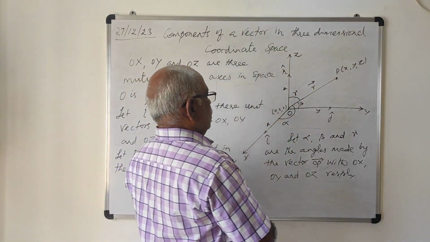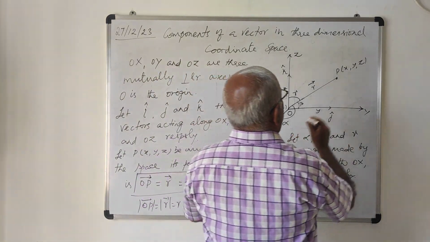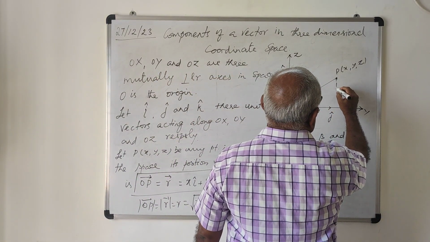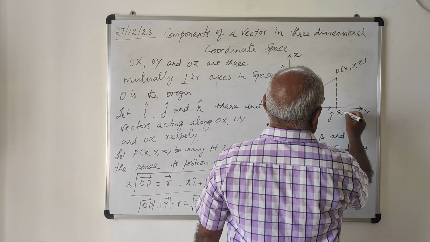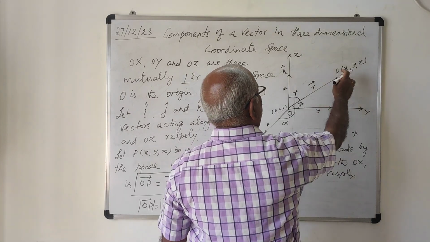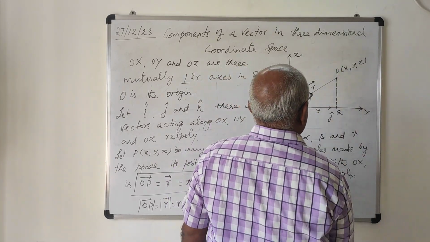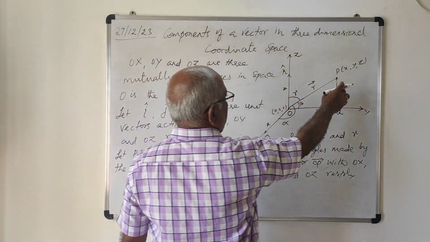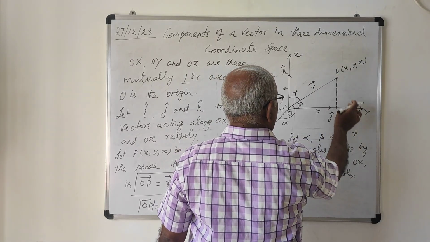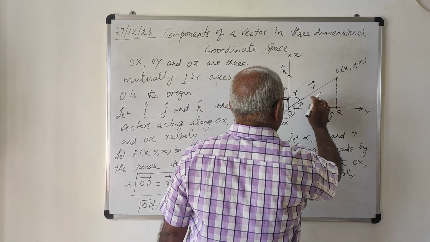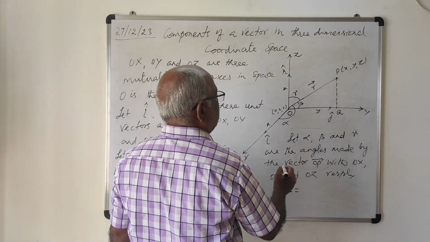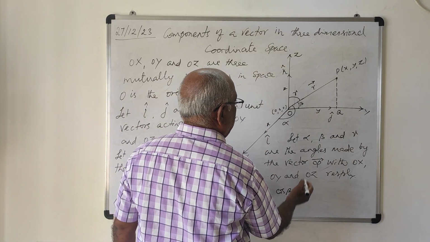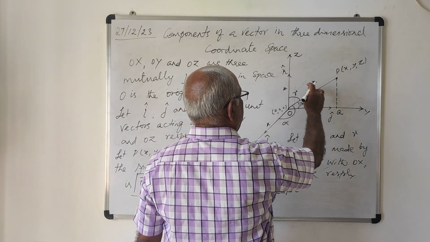Now, one more thing. You draw a perpendicular line PQ from the point P to the y-axis, and consider the angle beta. What is cos beta? Cos beta is adjacent side by hypotenuse.